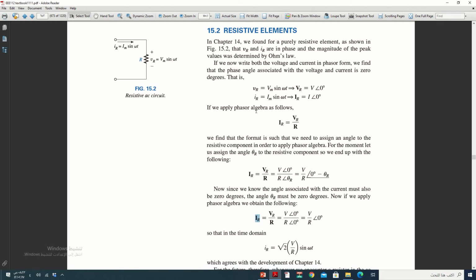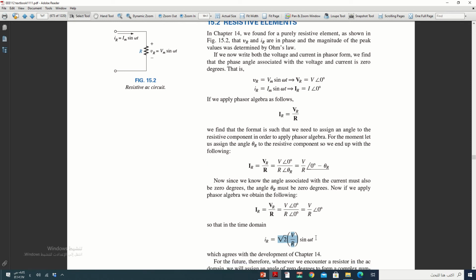See here, we can rewrite this form. Im will change to V divided by R, which is VRMS divided by R, multiplied by root 2. All this quantity means I peak, the I magnitude.